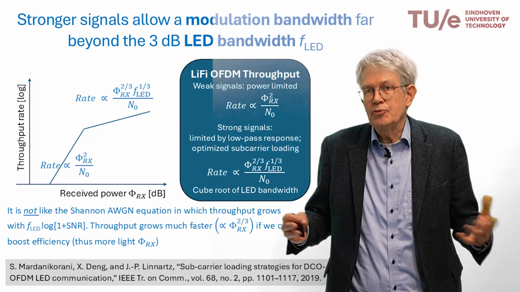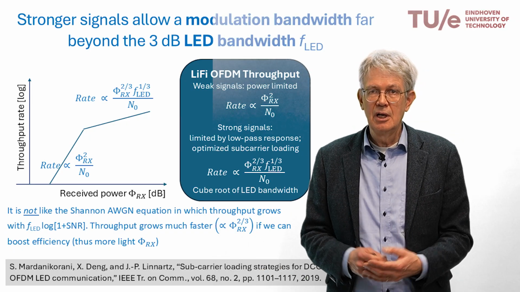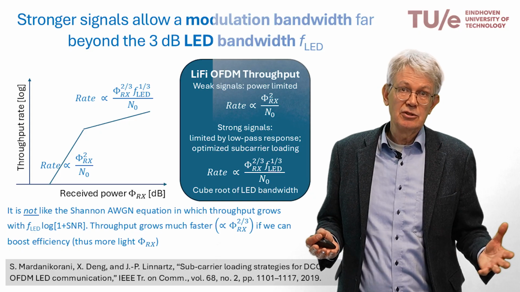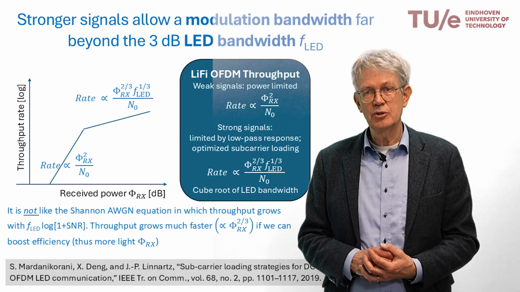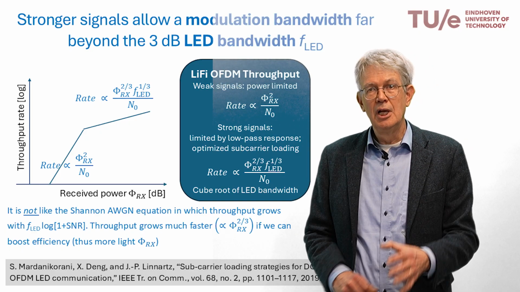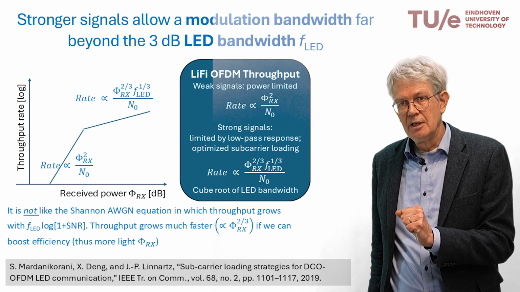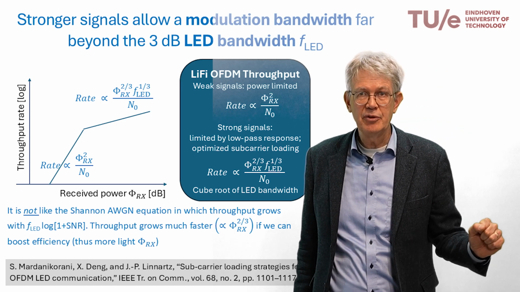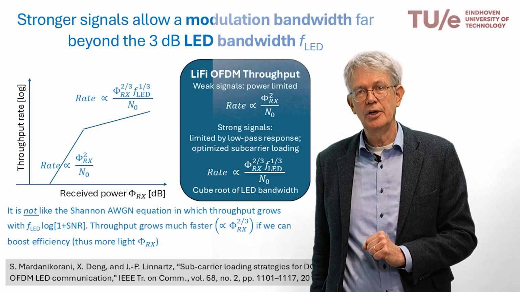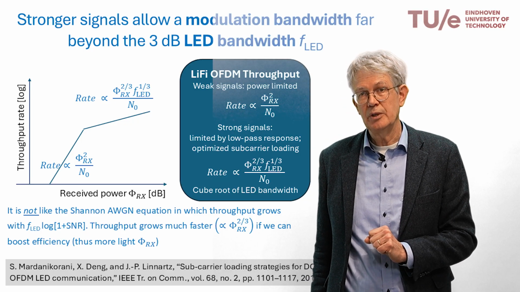Let's assume that we have weak signals. Then basically the number of photons per bit count. How much energy do I have? And it's not limited by bandwidth, it's limited by signal to noise ratio. But then you may expect that if we have a strong signal, it all depends just on bandwidth and that we don't care so much about the signal to noise ratio.